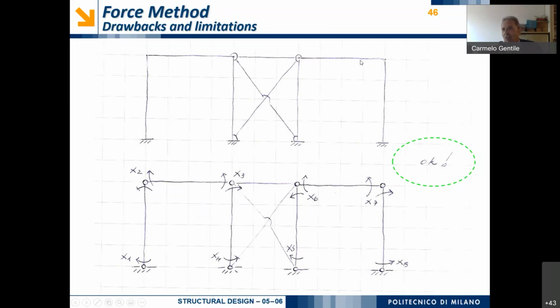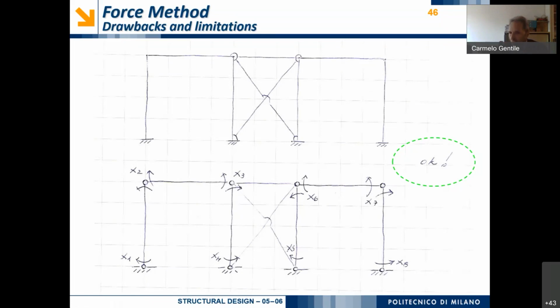So let's look at the general system. This is a frame structure, and you can see that this frame structure also exhibits some bracing. So for a structure like this, it is possible to obtain a statically determinate structure by introducing hinges corresponding to these nodes, and so on, to all nodes between the different beams.